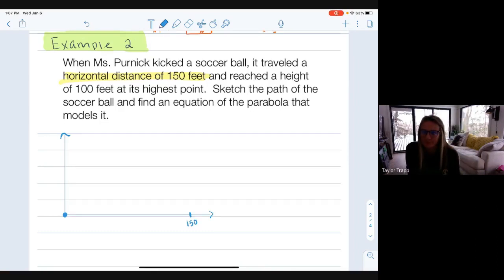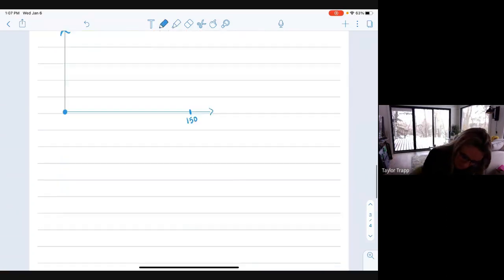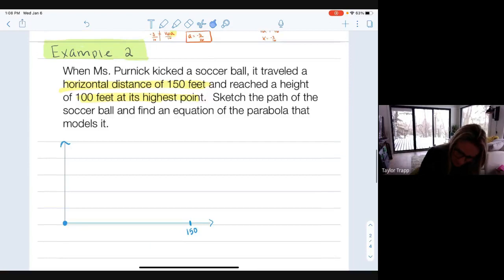And then the other clue is the height of 100 feet at its highest point. Highest point, maximum point, right? Those mean the same thing, and that's what we're looking for. Oops, I'm sorry. Okay, so I'll put a 100.